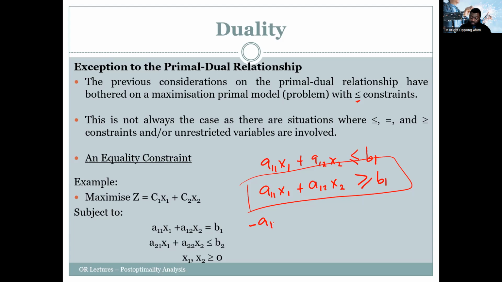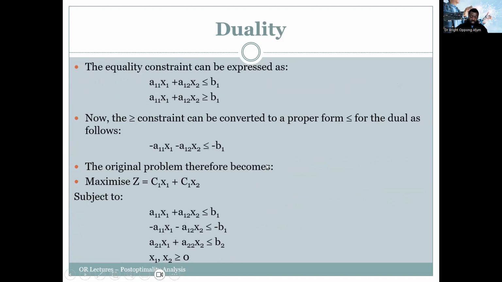So we multiply through by -1, and we can have two constraints before the third constraint. Therefore we can have this as our new primal before we go ahead to create the minimization form of the dual.